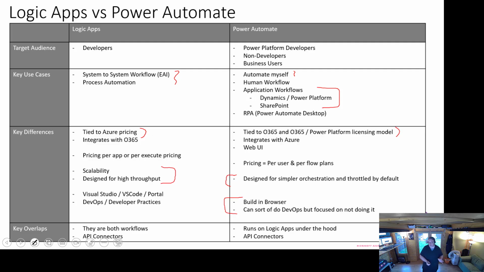You've got a few choices depending on what your developers prefer, whereas with Power Automate, you really only have the browser. That then has a knock-on effect on things like developer practices and DevOps capabilities. One of the good things in Power Automate is you can leverage the solution model, which puts you in the ecosystem of how people deploy DevOps practices around Power Apps.